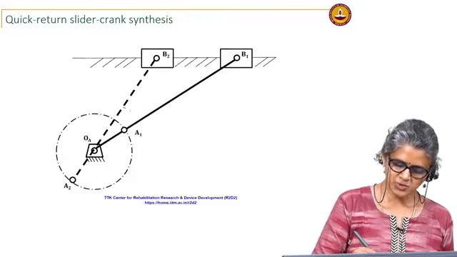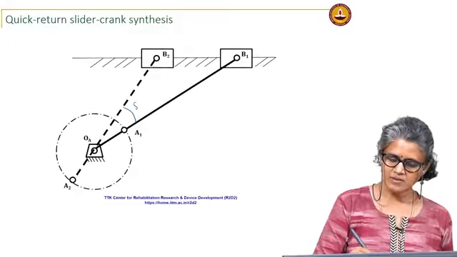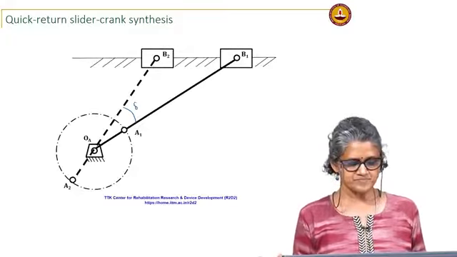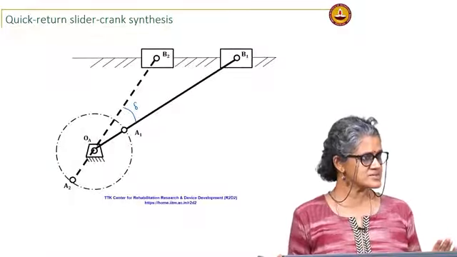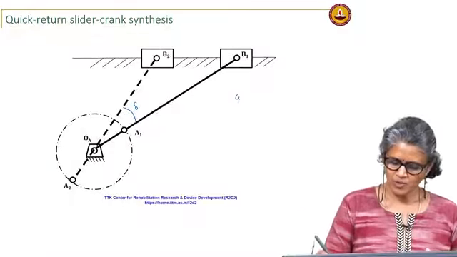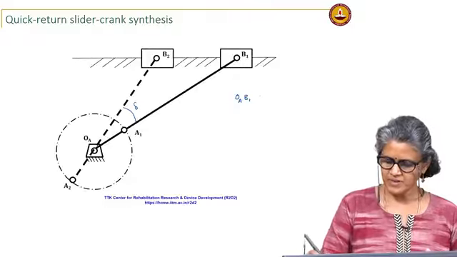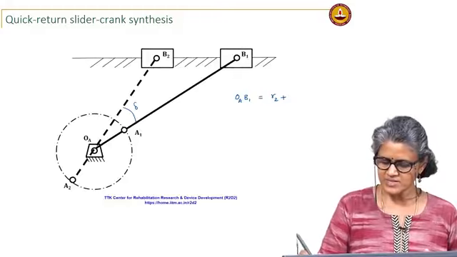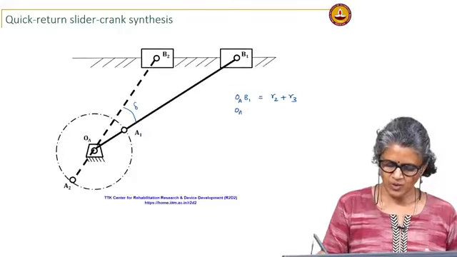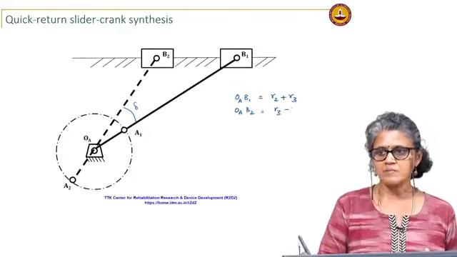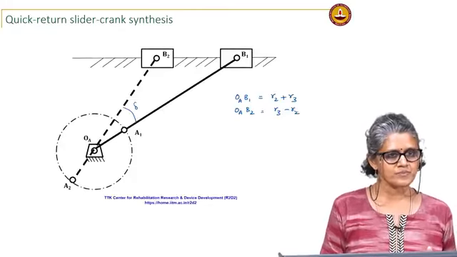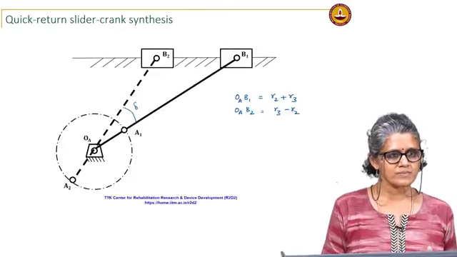Here this would be my construction angle delta. Everything else remains the same. Again OA B1 equals R2 plus R3, OA B2 equals R3 minus R2.